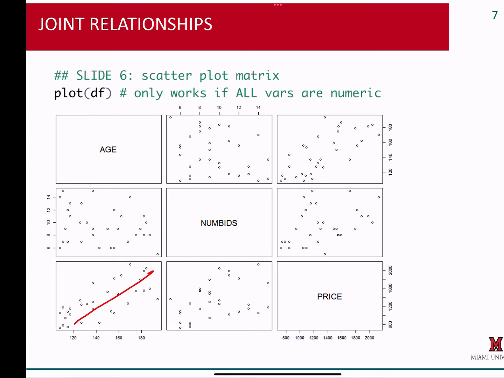So, for example, age with price has a positive slope, which means that as age increases in the clock, then so does the price. The same thing happens with the number of bidders. So you want those relationships to be as strong as possible. But you don't want a relationship among the predictors to be strong. So in other words, you want this relationship to be as weak as possible.